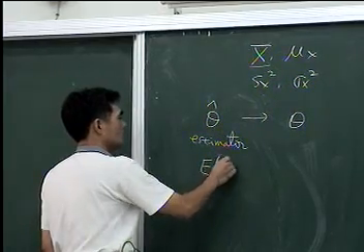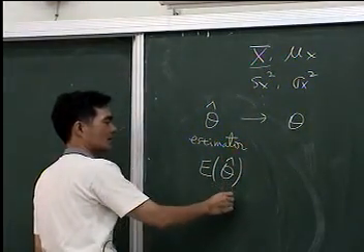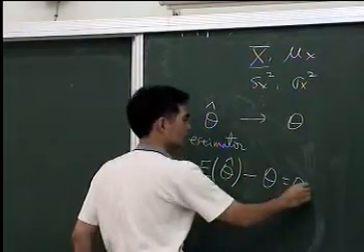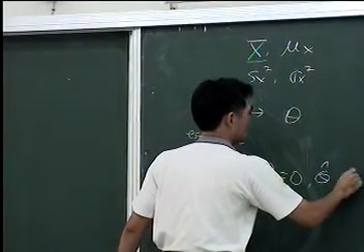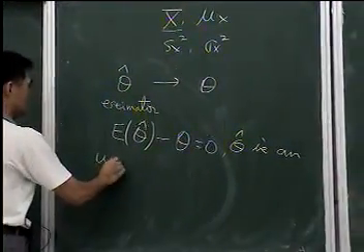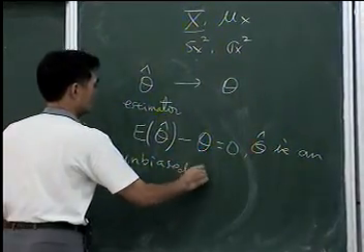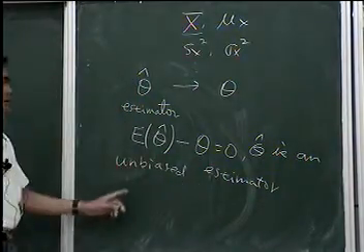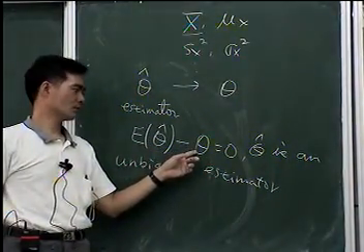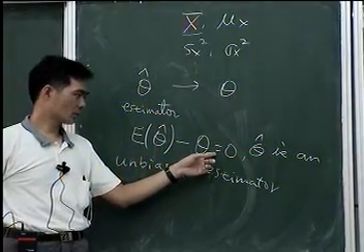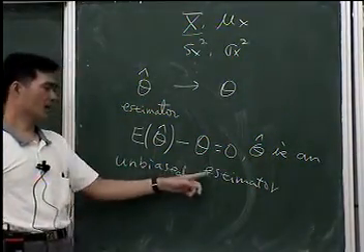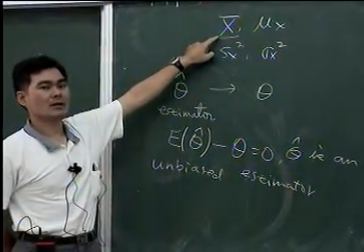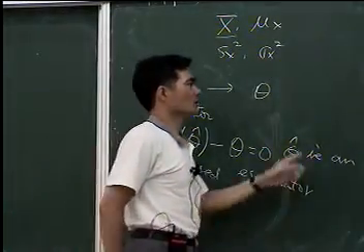If the expectation of theta hat minus theta is equal to 0, then we say theta hat is an unbiased estimator. If this one minus the true value is equal to 0, then we say it is an unbiased estimator.